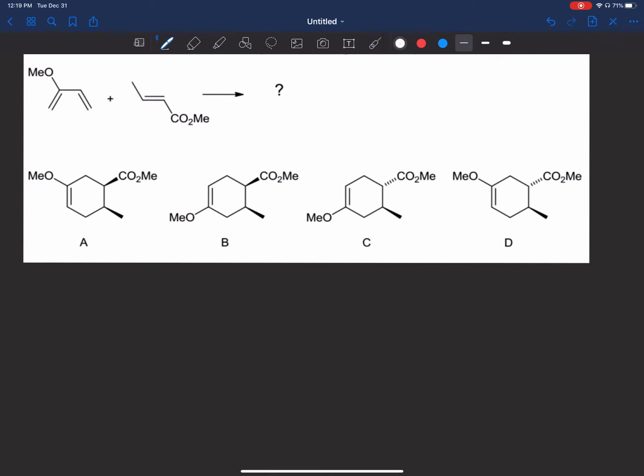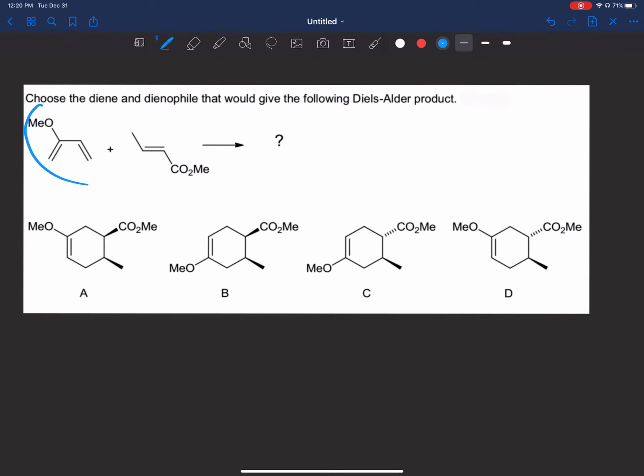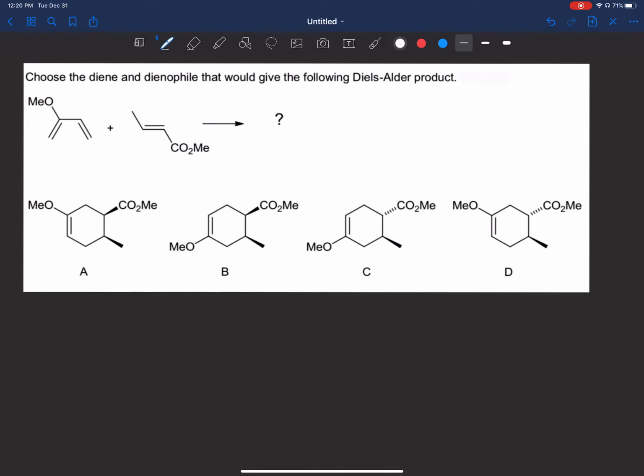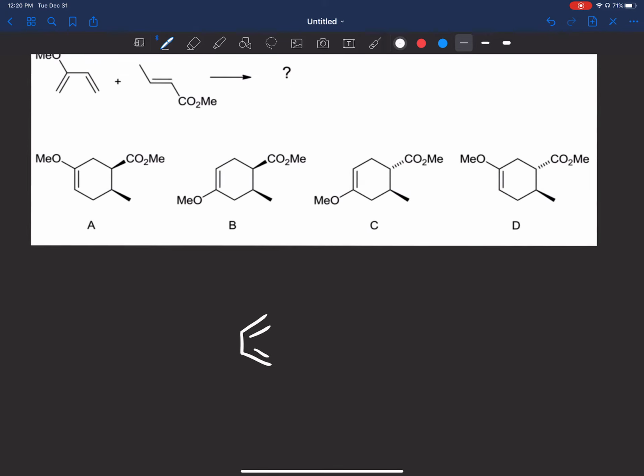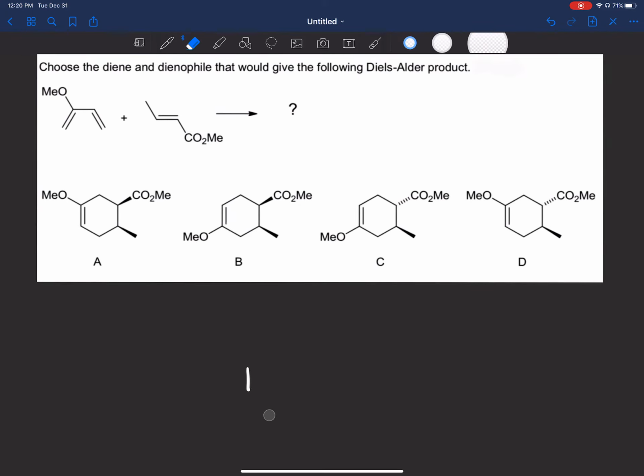All right. So I do not like when I see a Diels Alder looking like this because it can throw you off. So I always reorient everything. So we have our diene, and we have an OMe group, which is just OCH3.